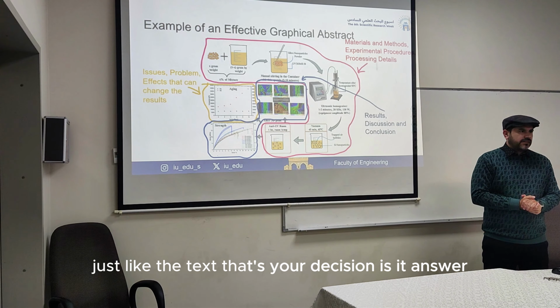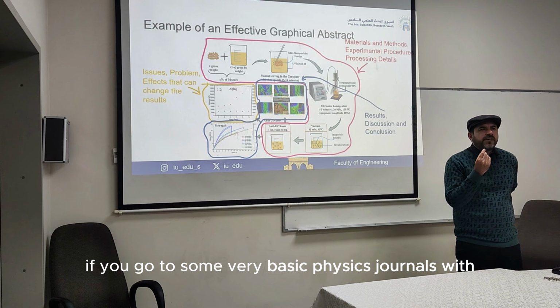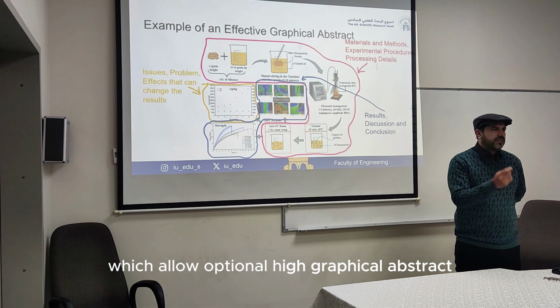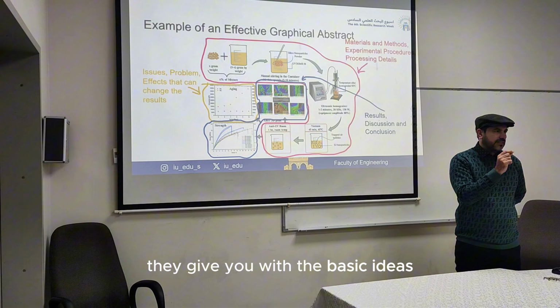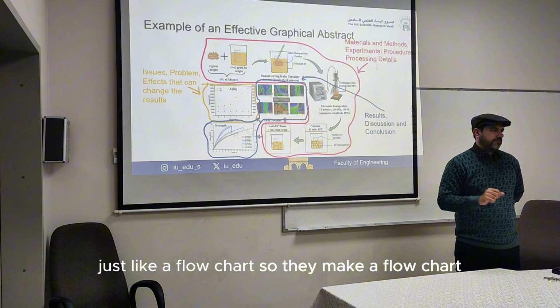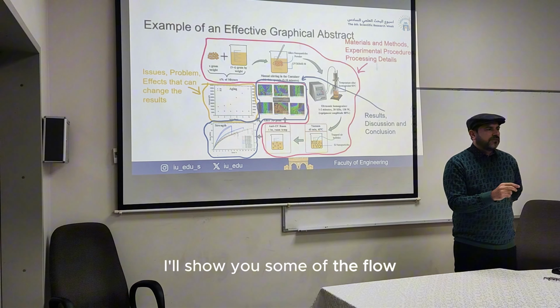How about theoretical things? For theoretical things, if you go to some very basic physics journals, which allow an optional graphical abstract, you will see some of the journals give you the basic ideas in a very specific format, just like a flow chart. When I demonstrate, I'll show you some of the flow charts.